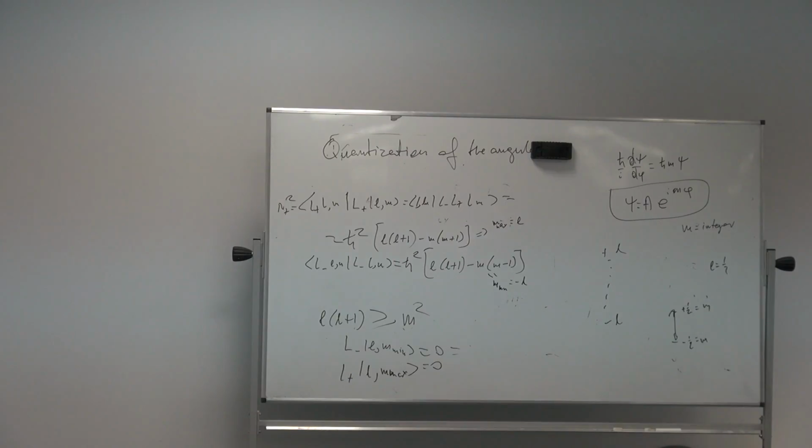And reality, nature, is such that both types of solutions are actually realized in nature. So the Schrödinger equation itself is not really taking into account everything. This possibility of spin is not there.